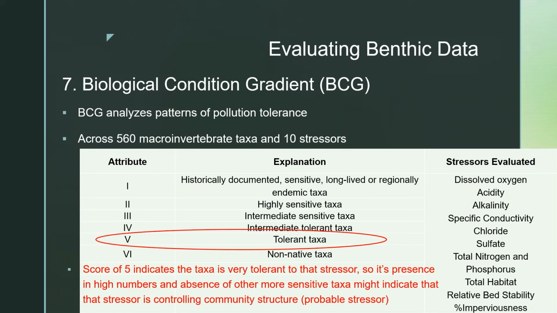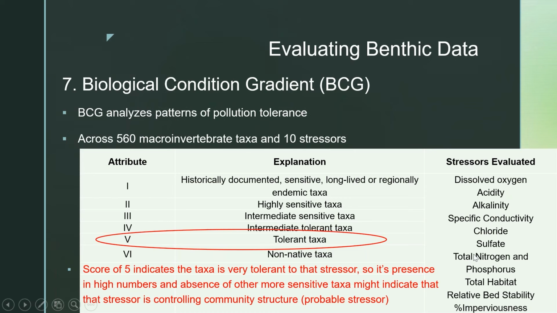One of the pieces of information from this that can help us the most in the stressor analysis is attribute 6, and that is tolerant taxa. Which of the taxa are most tolerant to these particular 10 stressors?